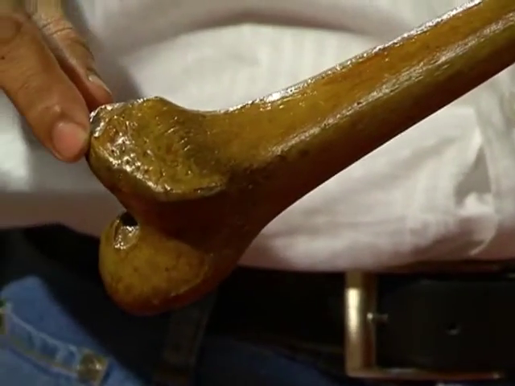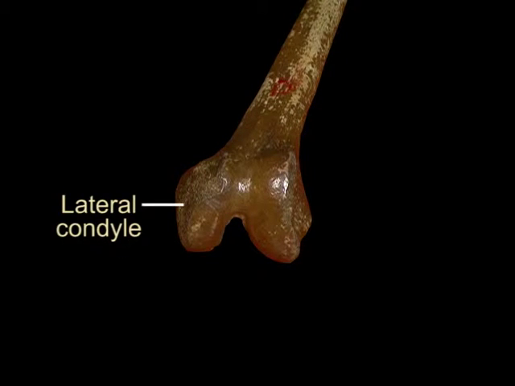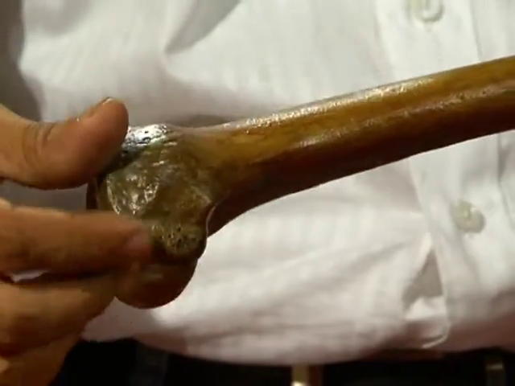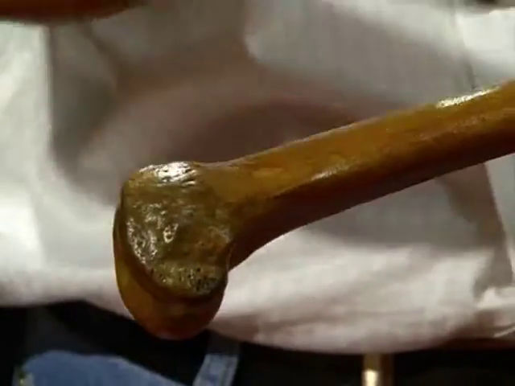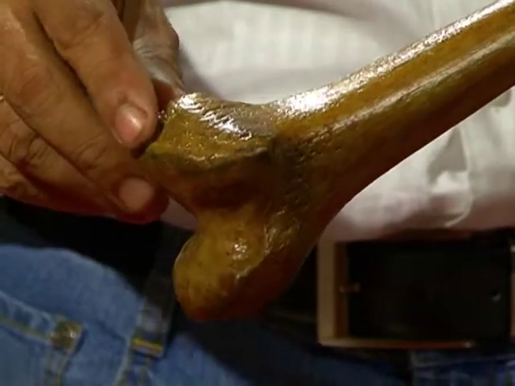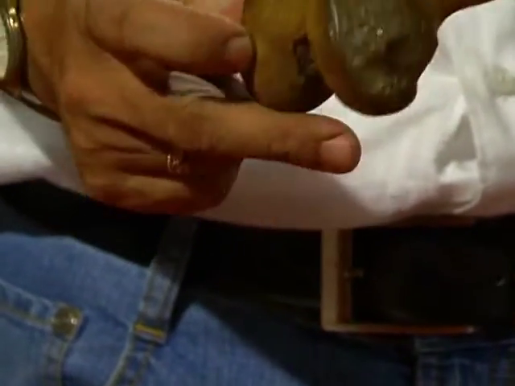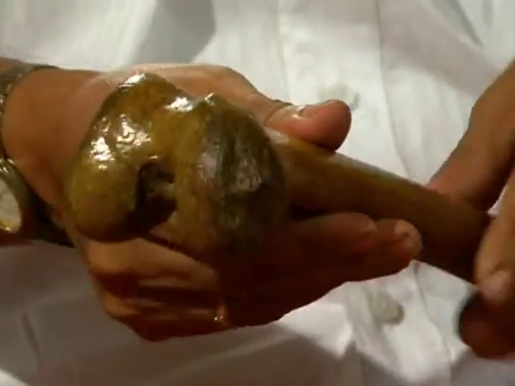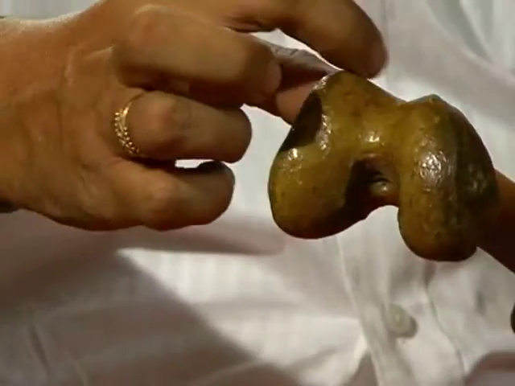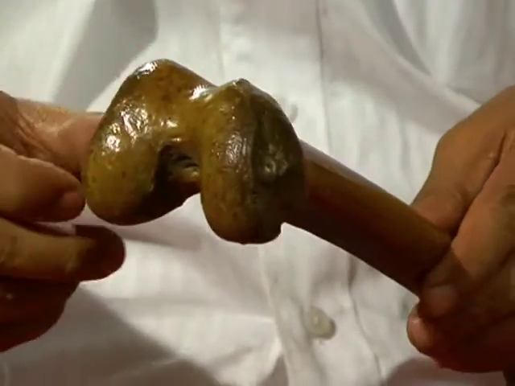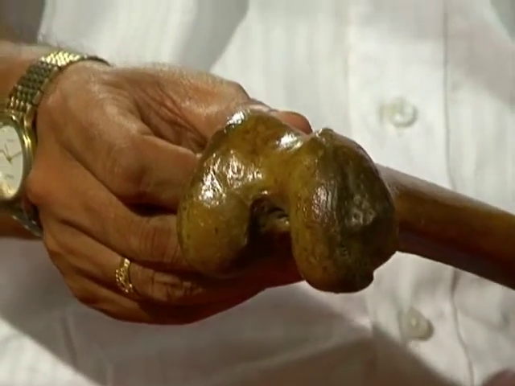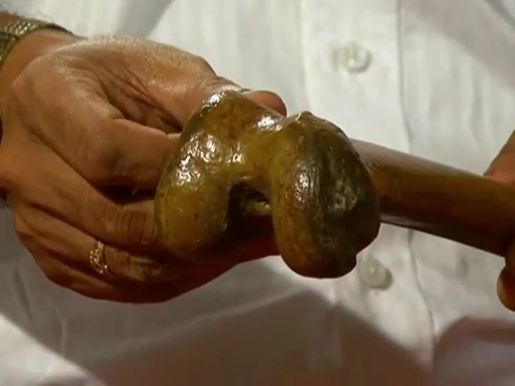And the other condyle, which is lateral, is called the lateral condyle. So the medial condyle faces towards the body in line with the head, and the lateral condyle is in line with the greater trochanter.